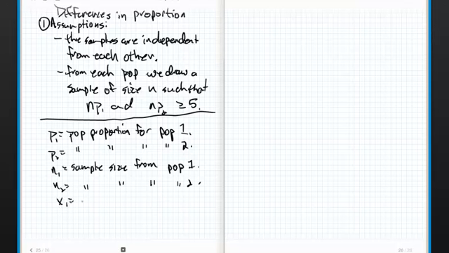X1 equals the number, remember, this basically comes from binomial, of hits, just like before, from N1. In other words, I take a sample size of 600. I say, do you favor candidate A?